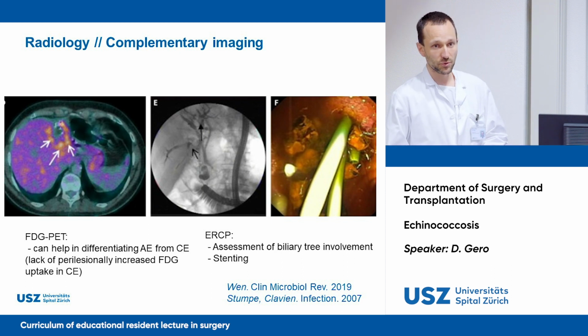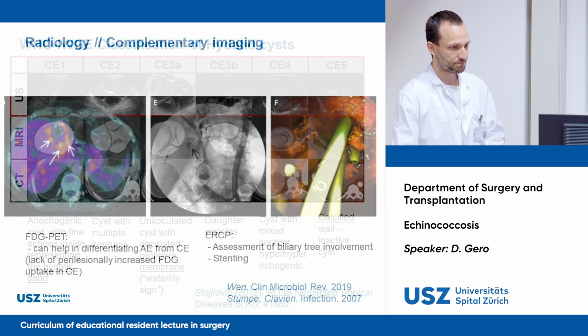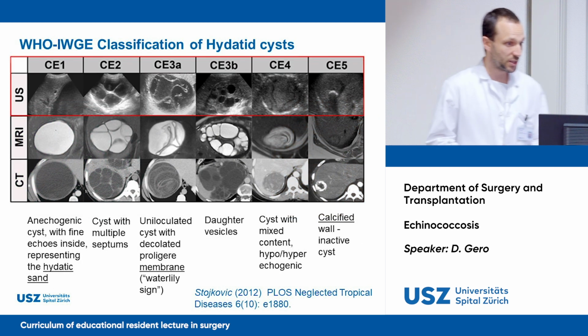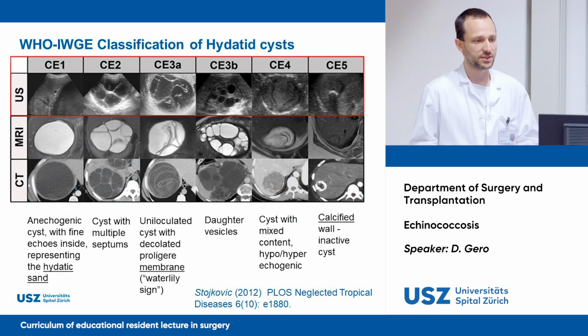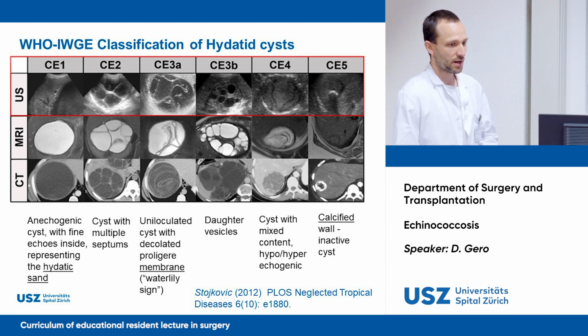We can also proceed to ERCP to identify if there is biliary tree involvement and to place stents if necessary. This image shows the World Health Organization classification of hydatid cysts. There are 5 stages, and this staging may be interesting to decide the treatment.